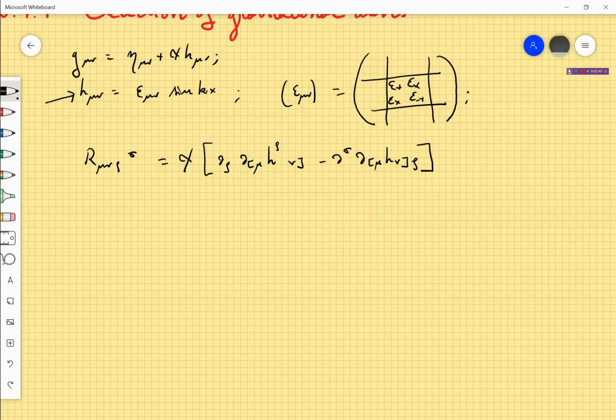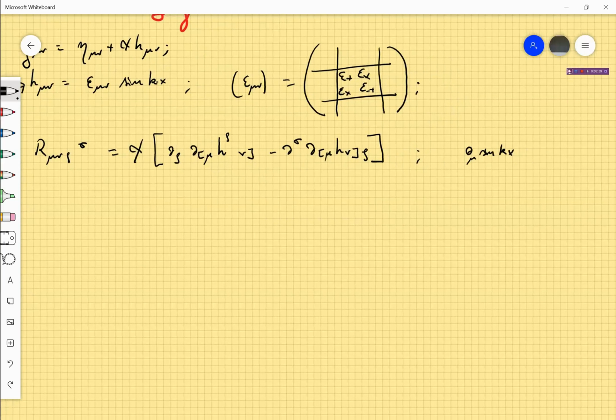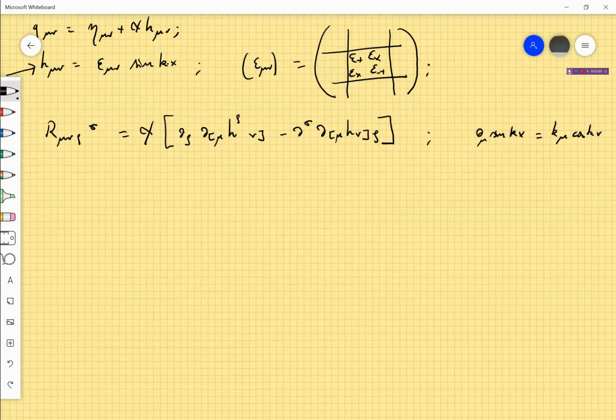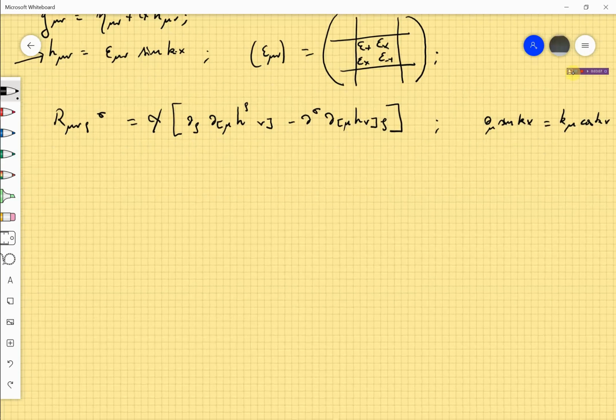Remember that epsilon is constant, so you only get derivatives of sine of kx, and that the partial mu of sine kx is just k mu cosine kx. Then what you get is chi. There will be an overall factor of cosine kx.